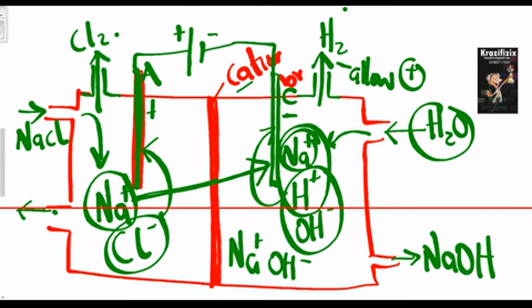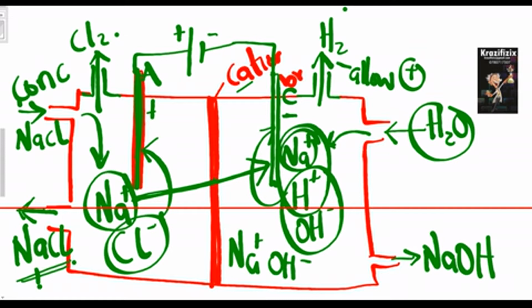And on the side, we are going to be left with a less concentrated sodium chloride solution. This is highly concentrated, or let's just say concentrated sodium chloride going in, and here we're going to have dilute, because not all the sodium chloride will be used up, so we have the remnant coming out of here. Very beautiful process, very lovely process.